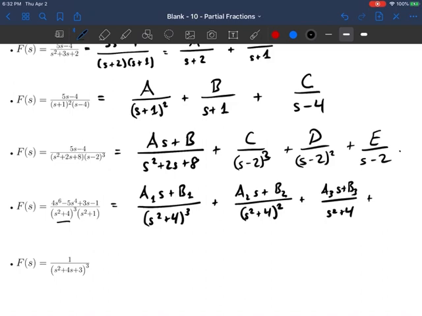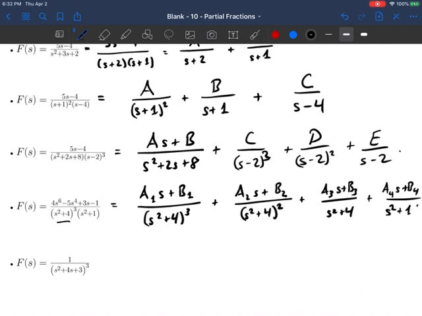That takes care of the term s squared plus 4 3 times. And then lastly, we have the 1 over s squared plus 1. We have A4 s plus B4 over s squared plus 1. All right. Hopefully that's what you got as well.